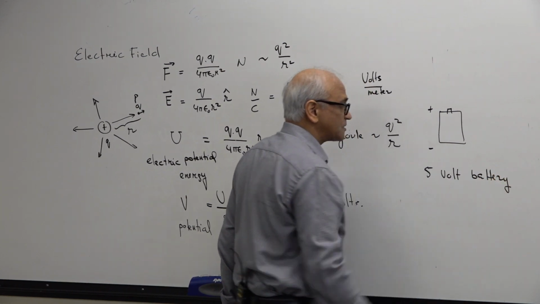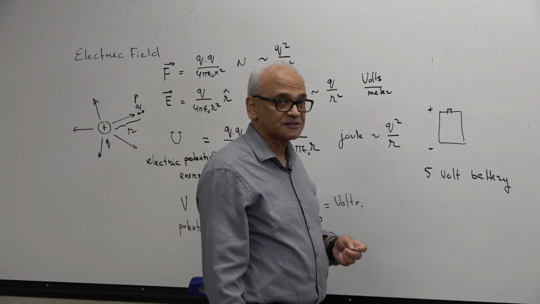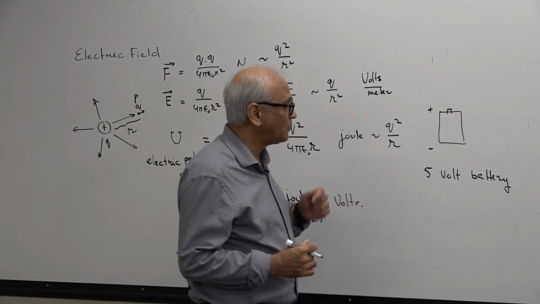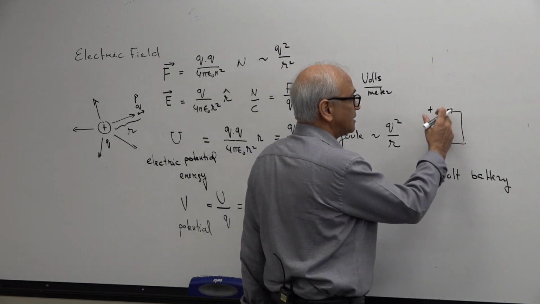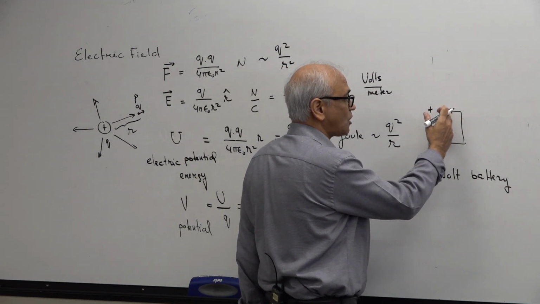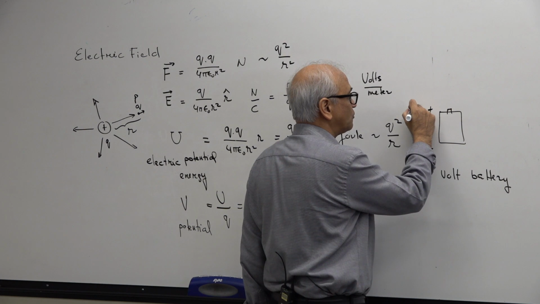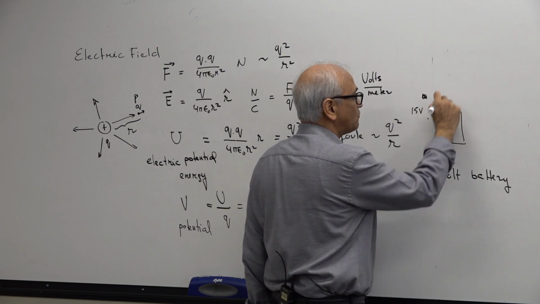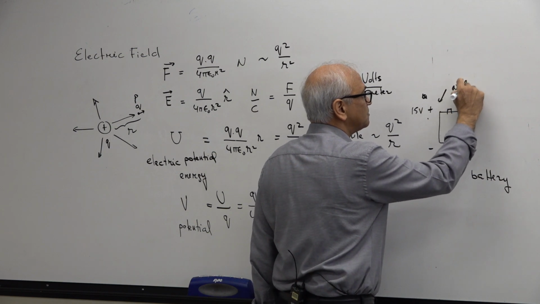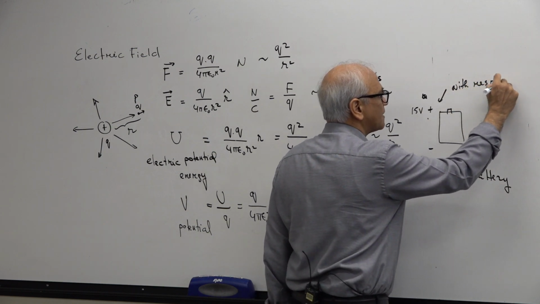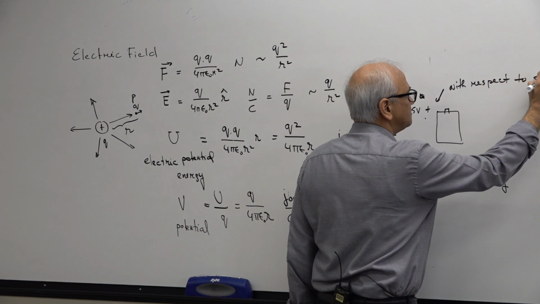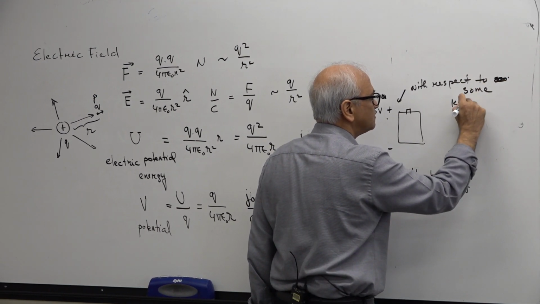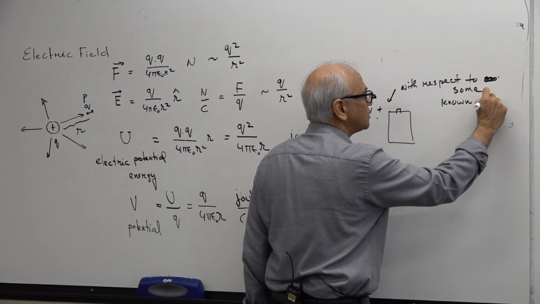but it's not that one side is 0 volt, the other side is 5 volts. Actually, we really don't know. All we know is that, for example, this one at the top could be, for all you know, 15 volts with respect to some known voltage point.